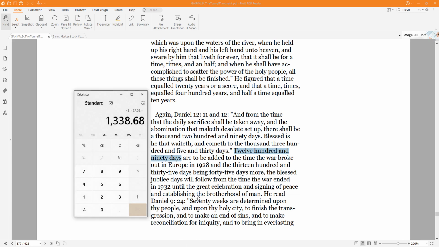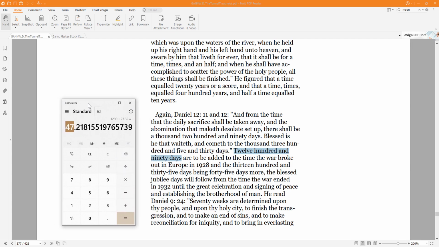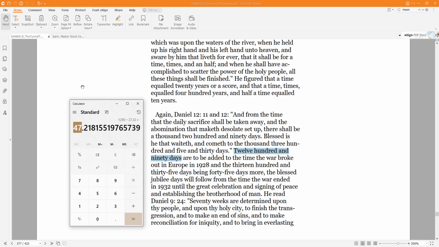Let's see how many revolutions of the moon there are in 1290 days. It's around 47 revolutions. This could be pretty enlightening if you understand what he is doing with these numbers.